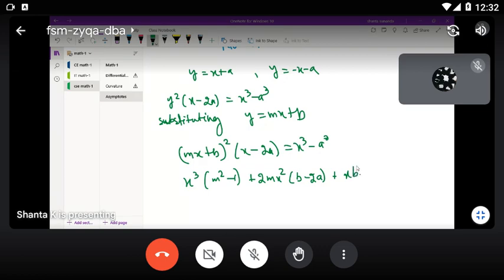Actually, I took c, but that's b. It doesn't matter. Then x into b square minus 4amb. Then is there any term? Minus 2ab square minus a cube.